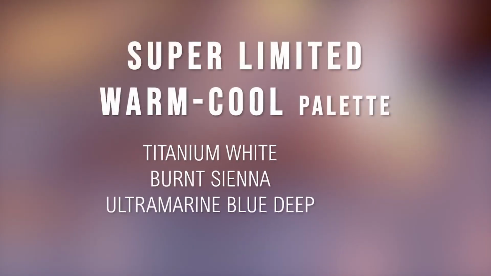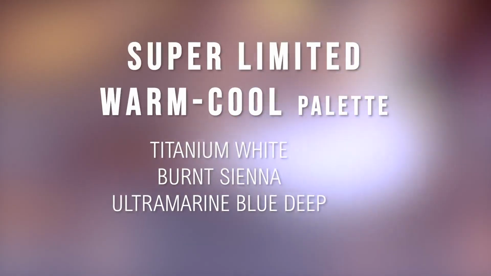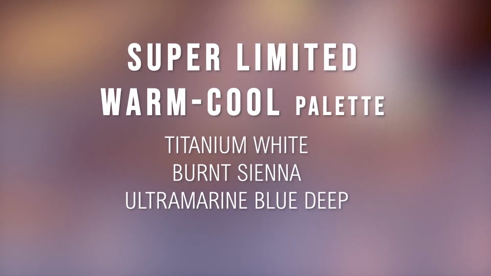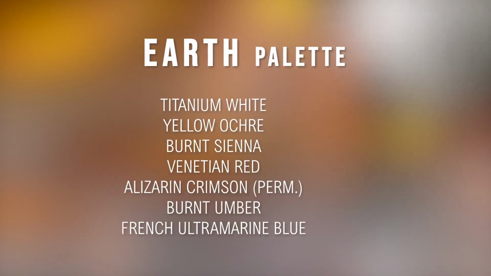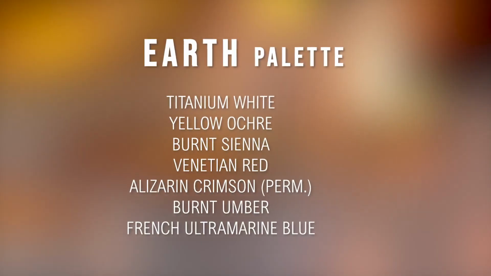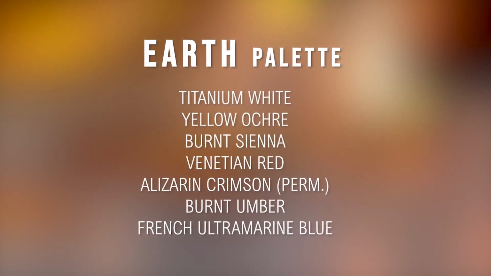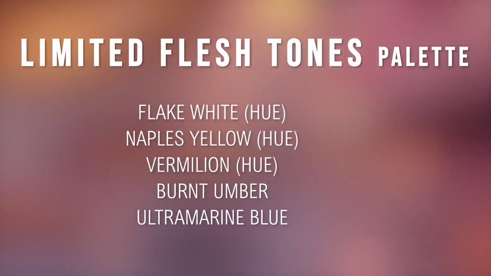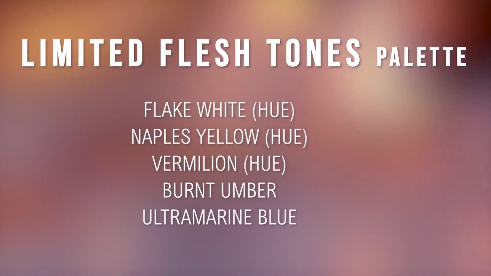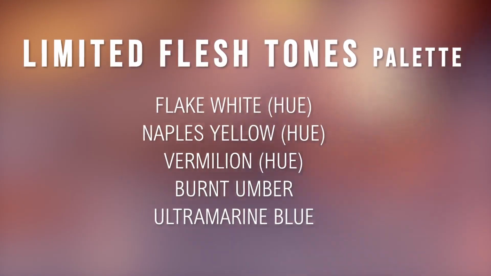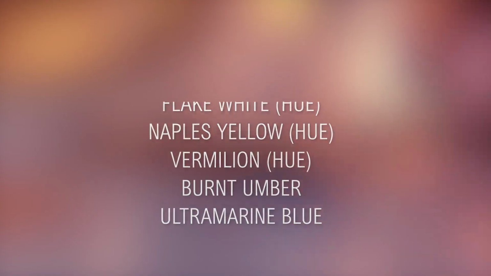A super limited warm-cool palette can be created with titanium white, burnt sienna, and ultramarine blue deep. An earth palette can be created with titanium white, yellow ochre, burnt sienna, Venetian red, permanent alizarin crimson, burnt umber, and French ultramarine blue. A limited flesh tones palette can be created with flake white hue, Naples yellow hue, vermilion hue, burnt umber, and ultramarine blue.